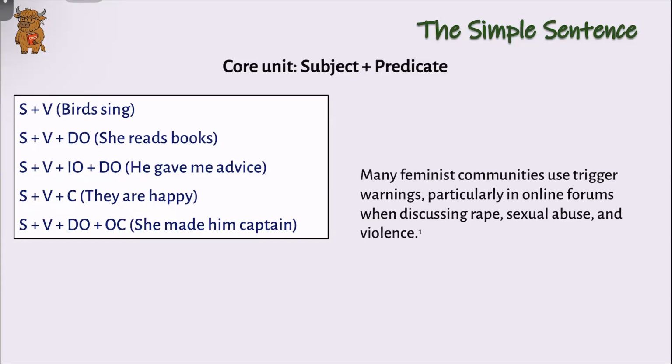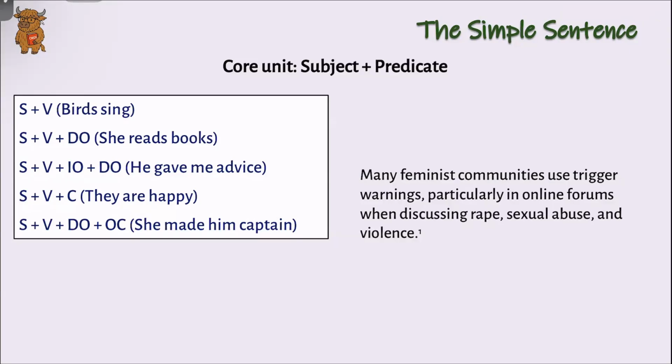In this sentence, many feminist communities use trigger warnings, particularly in online forums, when discussing rape, sexual abuse, and violence. Somebody tell me the subject. Feminist communities. Many feminist communities, yes. And everything after that is the predicate.